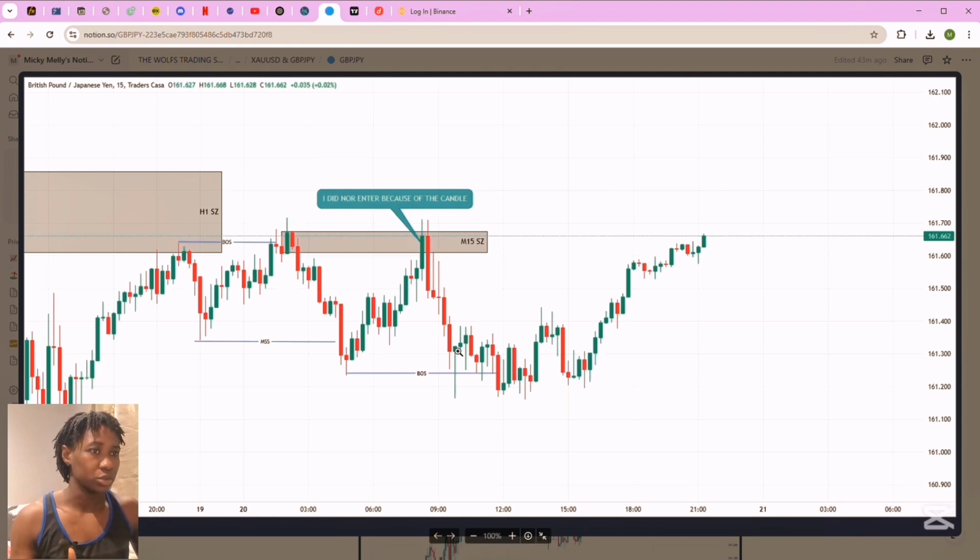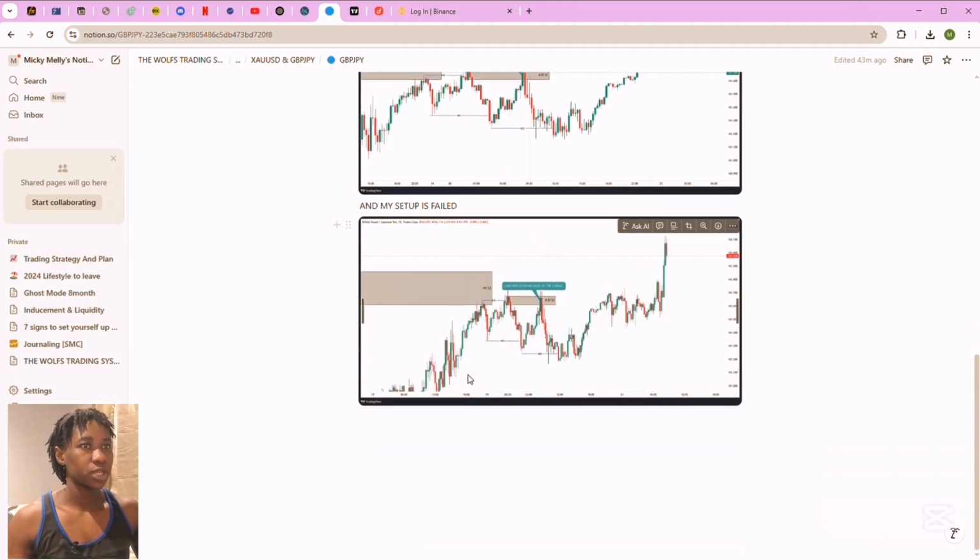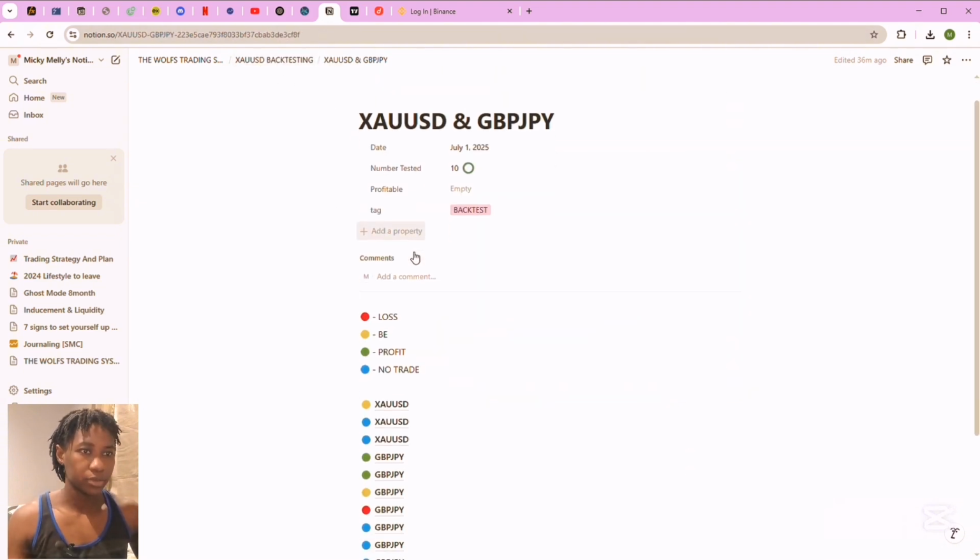Then targeting 1:3, price gave me exactly 1:3 before reversing. So my setup failed. We were in a bullish scenario, but we were trading against the trend, so my setup failed.